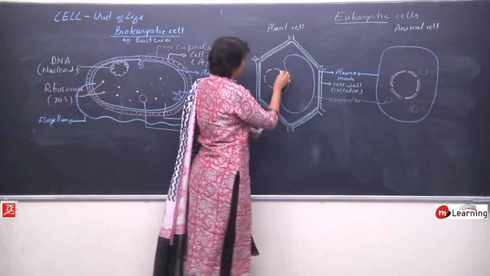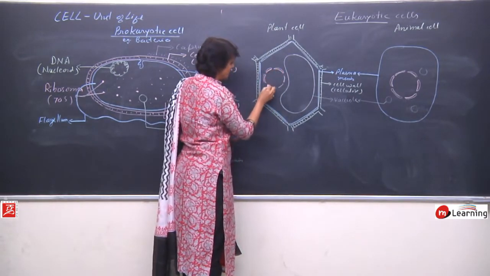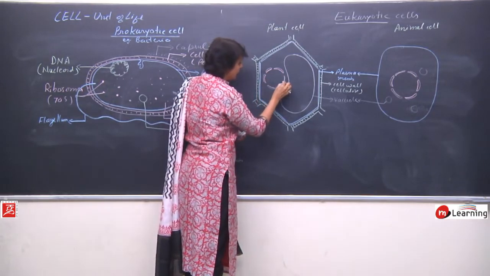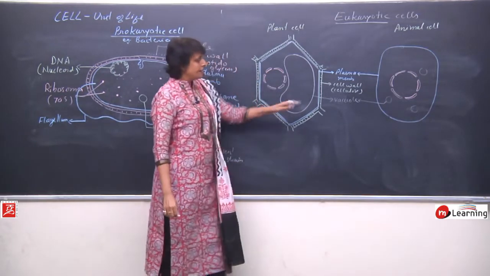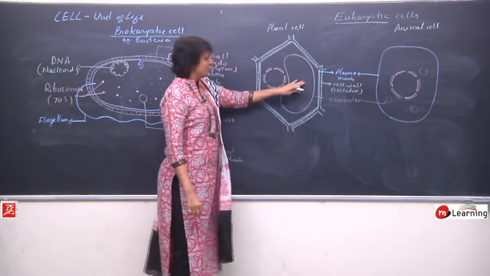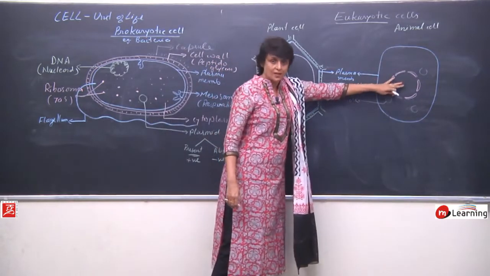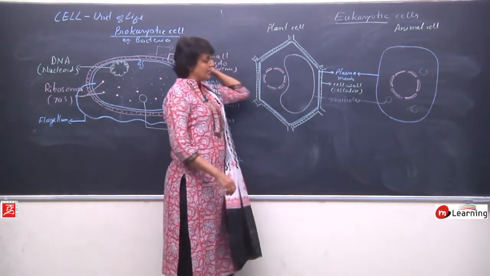The nuclear membrane here, and here in the plant cell we see the nucleus is slightly eccentric, slightly on one side, whereas in case of animal cells it is centrally placed and large. So in plant cell the largest structure is vacuole, whereas in case of animal cell the largest structure which is visible is the nucleus.